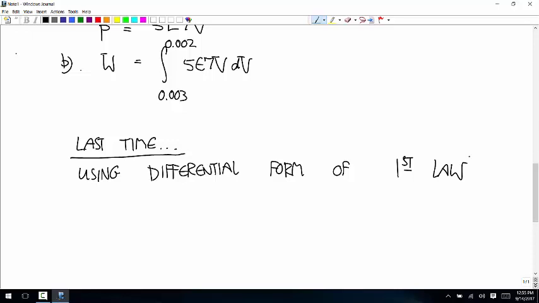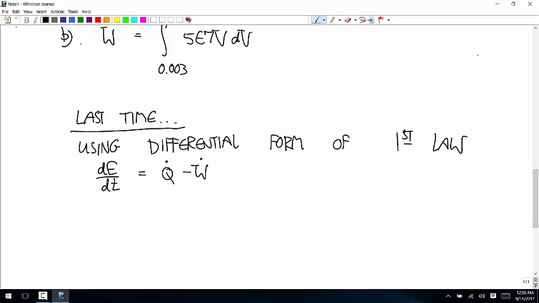So first of all, that says dE/dt is equal to Q dot minus W dot. And we talked about using that for steady state processes.